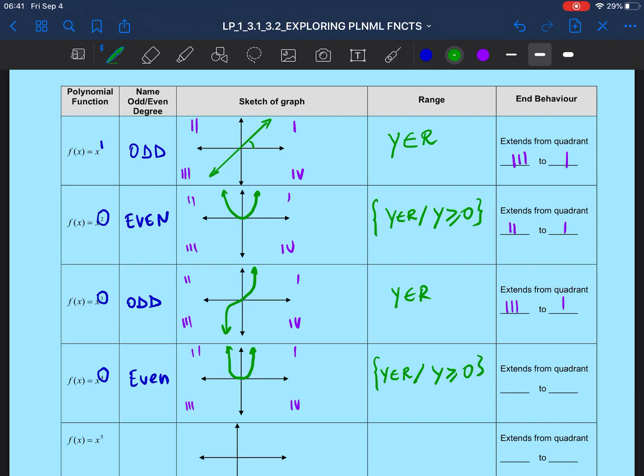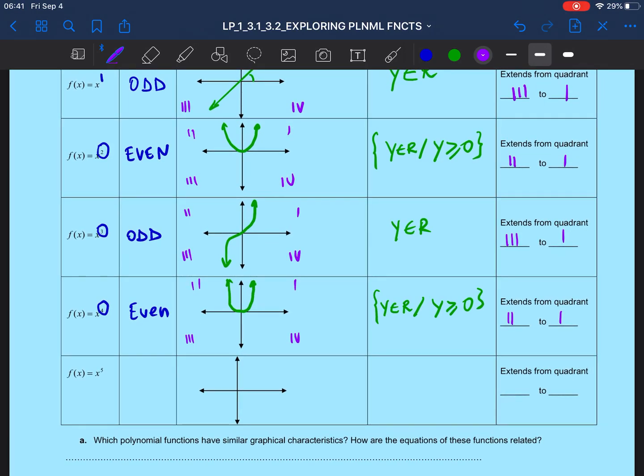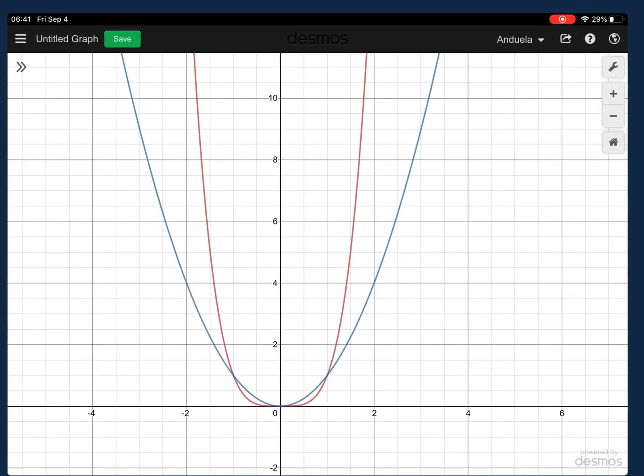So again, notice how second and fourth degree functions have limitations in their ranges, whereas the odd degree functions are any real number y. Okay, and that's a consistent pattern, as a matter of fact. Now, when it comes to end behaviors, we're going to say that it extends from quadrant 2 to quadrant 1. And now, last but not least, we're going to take a look at y equals x to the power of 5.